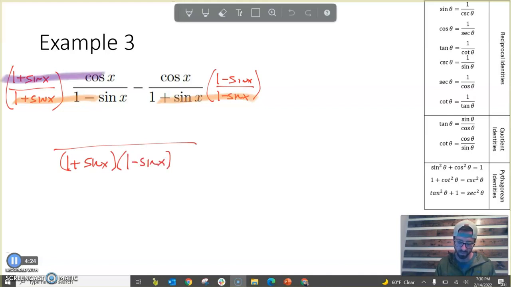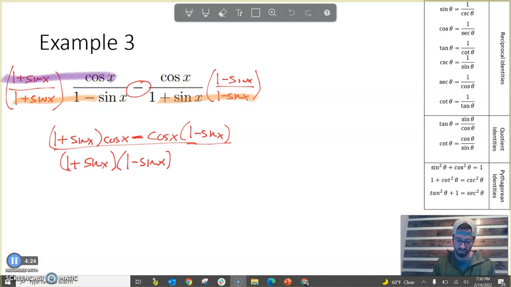Now, this part right here, I'm just going to do 1 plus sine x times cosine x, and then I've still got my minus, and then I've got cosine x times 1 minus sine x.